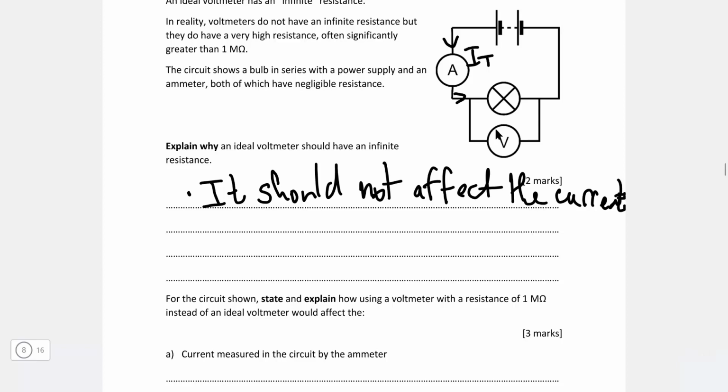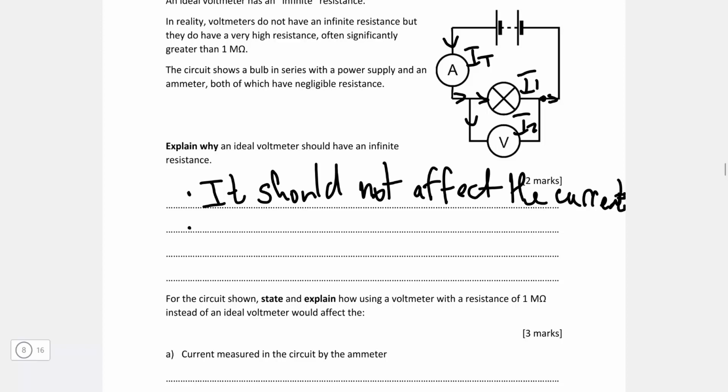So let's say we have I total here, then this will turn to I1 and then I2, and then they will join together afterwards again. And if it has an infinite resistance, this will not happen.